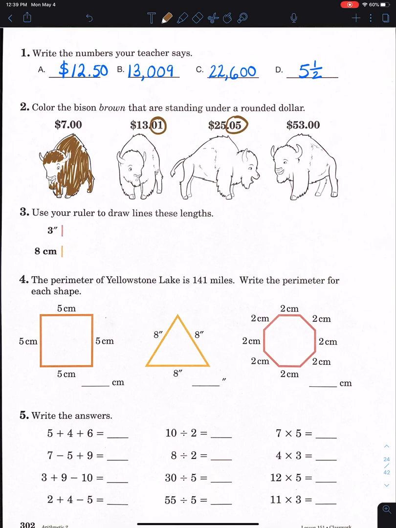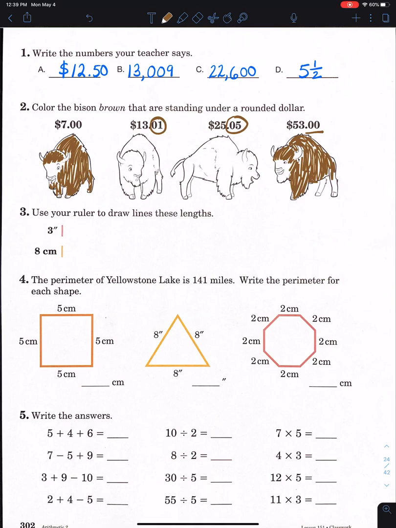So that is not rounded to the nearest dollar. What about $53? Is there anything past the decimal? To the right of the decimal? No. So this bison gets colored in also. If you didn't do it with a brown crayon, that's fine with me.